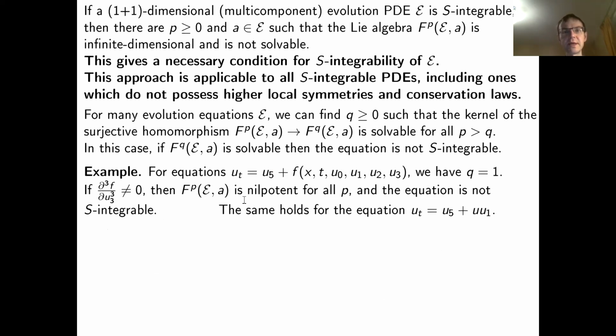More explicitly, this means the following: if this holds, then any zero curvature representation of this equation is gauge equivalent to a zero curvature representation with values in a nilpotent Lie algebra, and therefore this equation cannot be S-integrable because a zero curvature representation with values in a nilpotent Lie algebra cannot establish S-integrability.